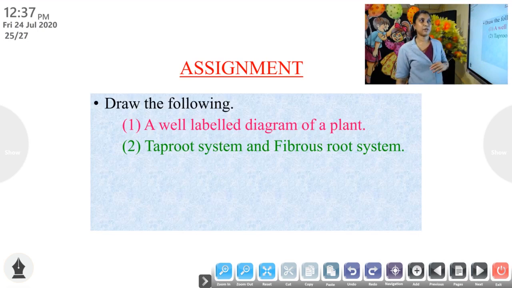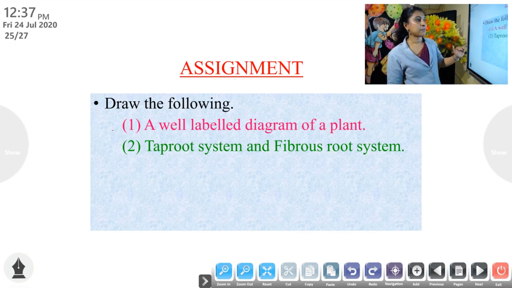Next is an assignment for you. What is the assignment? Read the first question. Draw the following. I know that we like to draw something, right? So, the first question, draw a well-labeled diagram of a plant. That means you draw the picture of a plant in your notebook and label its parts.